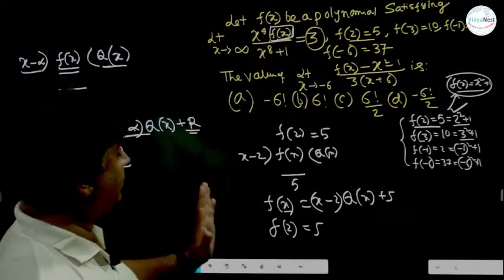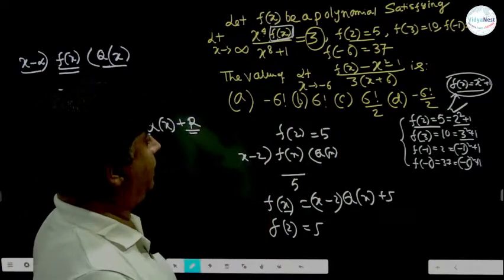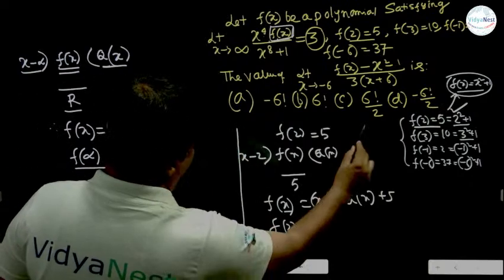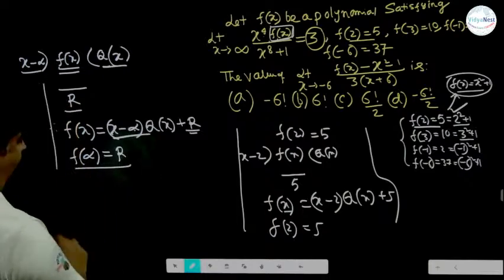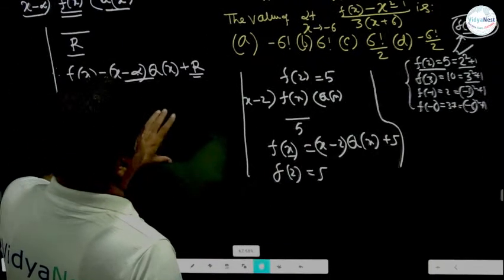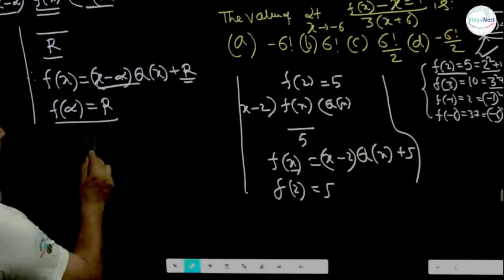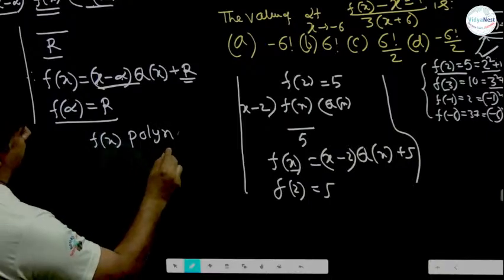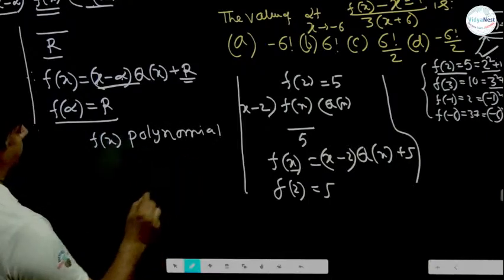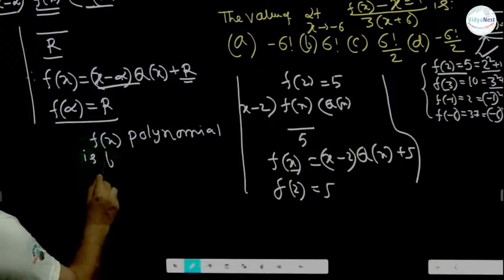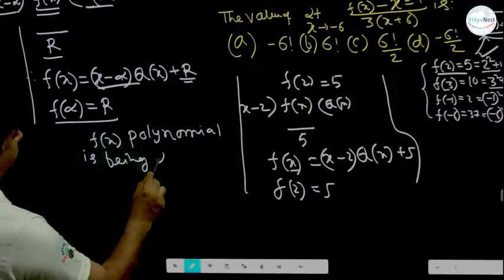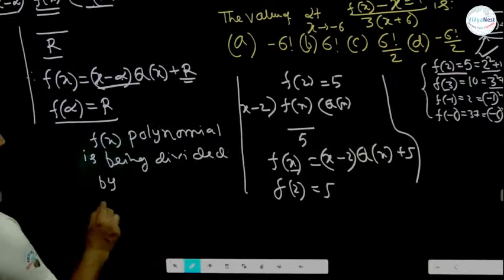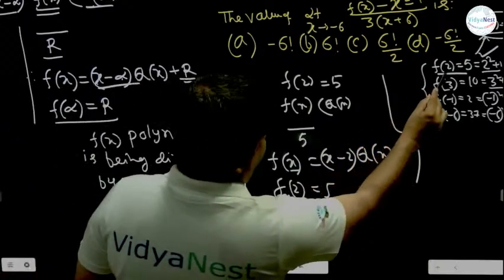So one thing I can say, that means the polynomial f(x) is being divided by these.